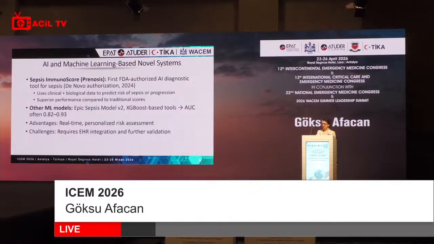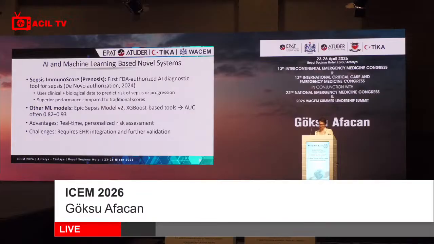The most exciting frontier is artificial intelligence. The Sepsis ImmunoScore by Prenosis became the first FDA-authorized AI tool specifically for sepsis in 2024. Other machine learning models are achieving high AUC values and often outperforming the traditional scores.